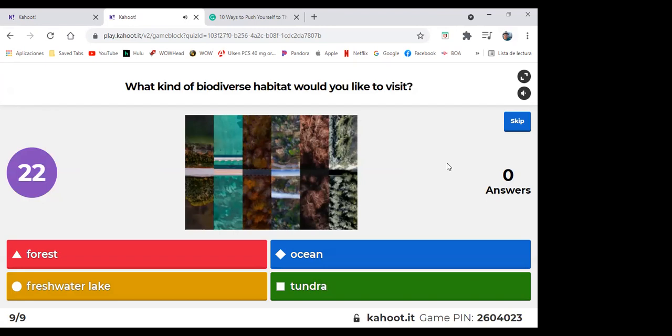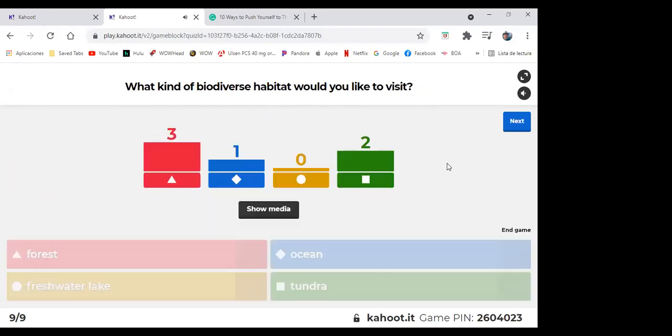That's up to you. Forest, ocean, freshwater lake, or tundra. Okay, forest has the highest, 75%, 1 ocean and 2 tundra.